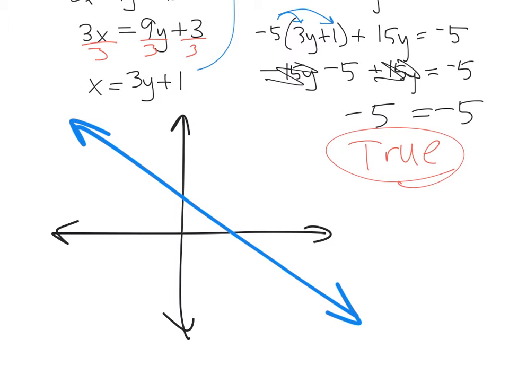One line is going to look like that, and the other line is going to be directly on top of it. So they're the same line. That's how you know when you get a true statement here, negative 5 equals negative 5, or 7 equals 7, something true, that means they are the same line.